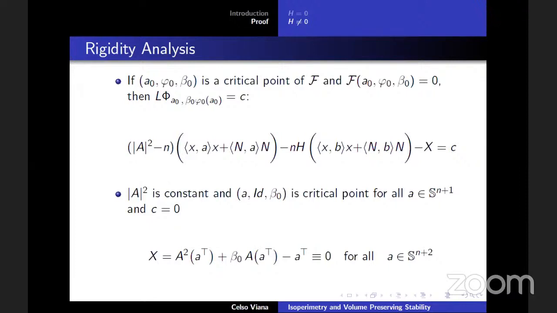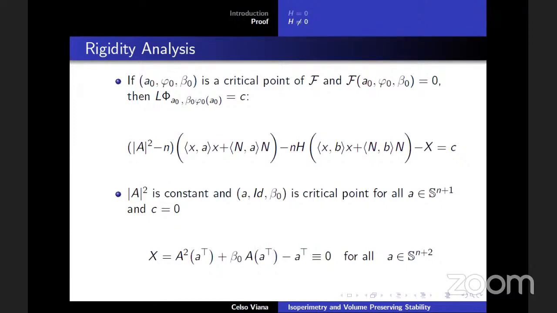And that's the end of the proof, because once you get that, then the conclusion is that you only have at most two principal curvatures, right? Because we have a quadratic equation in the principal curvature. So you only have two principal curvatures at most, and they are also constant, because you just need to solve the equation.